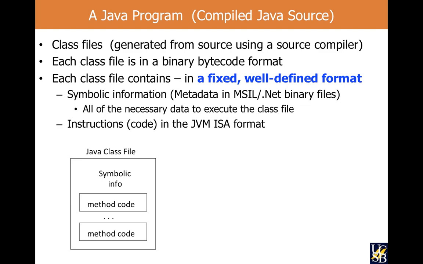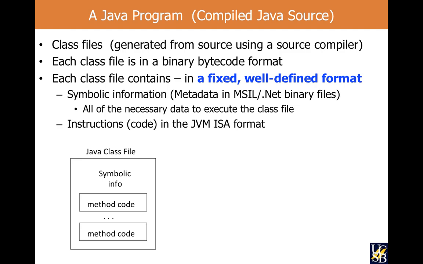The symbolic information, if we're talking about the .NET language, it's called metadata, but it's very similar to what's in Java class files. This is all of the data, all of the symbolic names necessary to execute the class file. Both have to be transmitted together so that we can execute the class and create objects from this class.